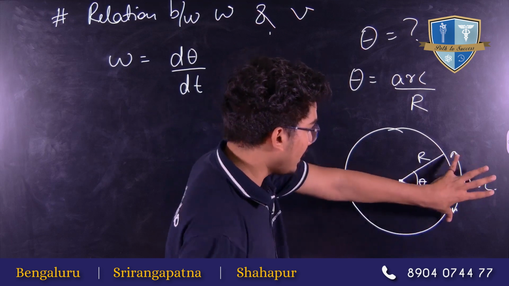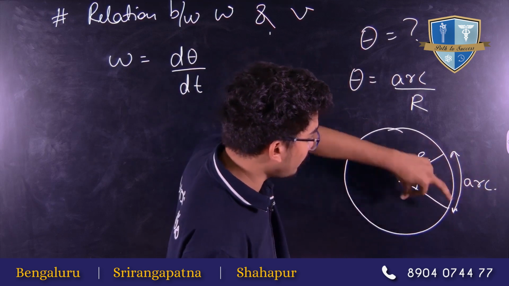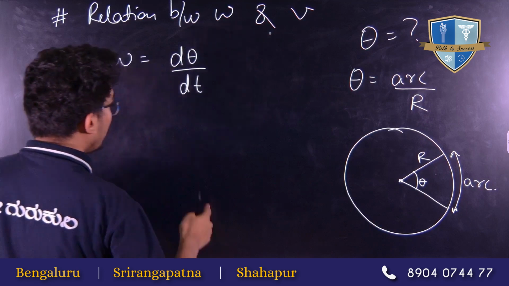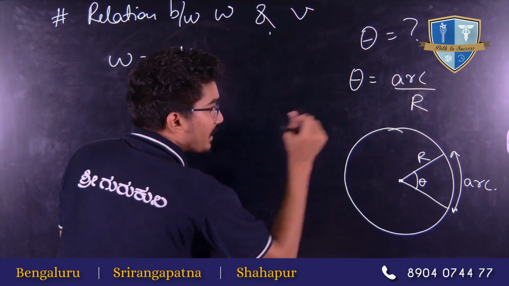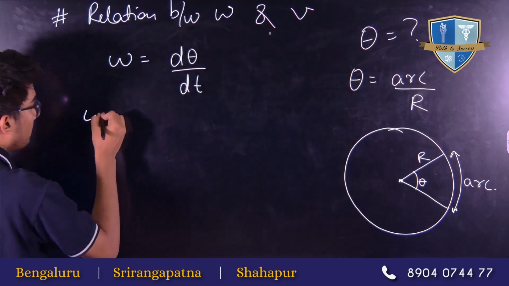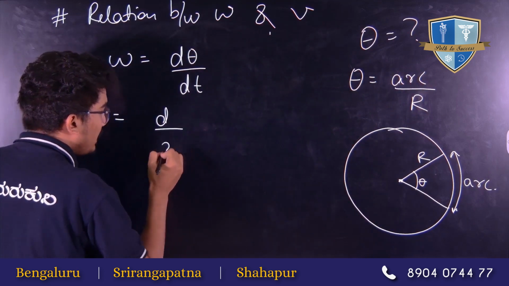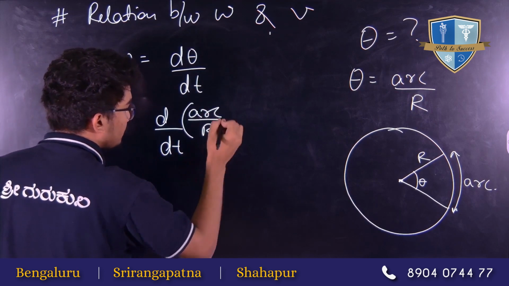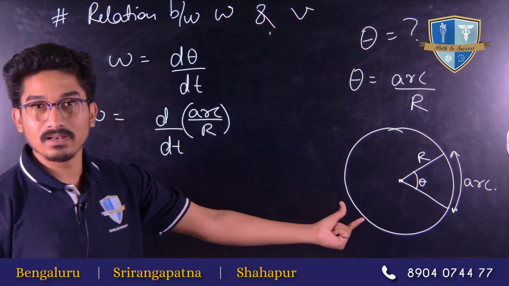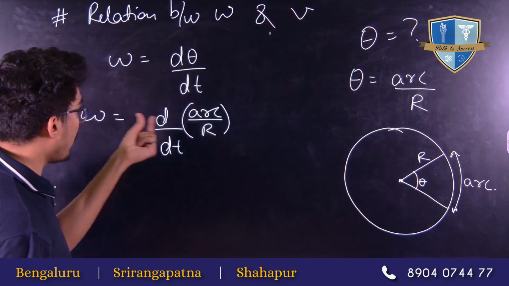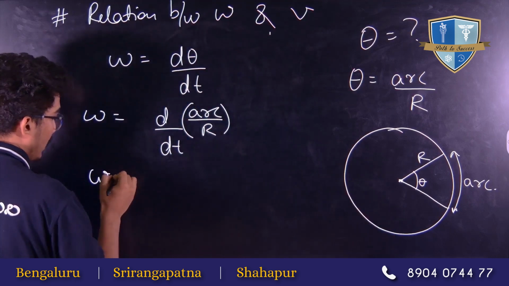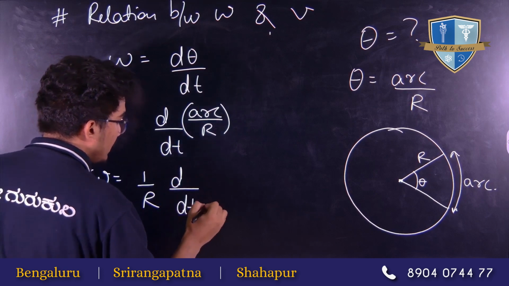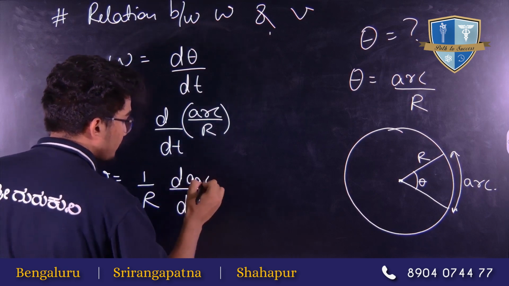So this arc length divided by r will give us this angle theta, correct? So we can replace theta with arc length divided by radius. So omega will become d by dt of arc divided by radius. Now radius for a particular circle will remain constant, so we can take 1 by r outside. So omega will become 1 upon r d by dt of arc.